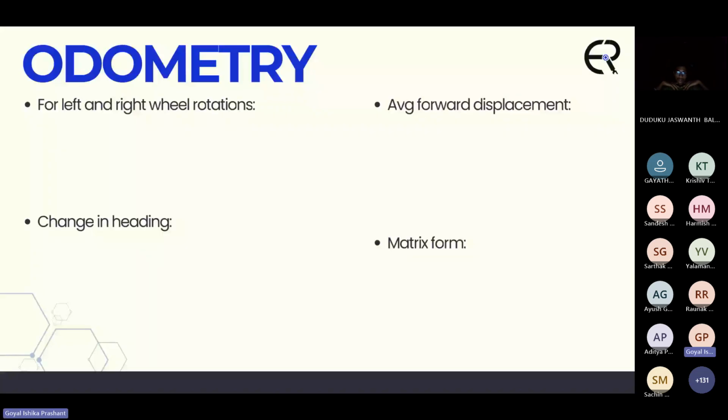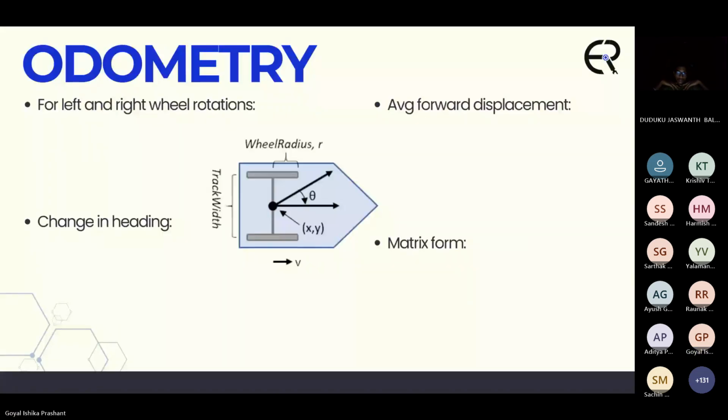So let's see how odometry works. What we do here is we treat the left and the right wheel separately because they can have different velocities, right? Now the displacement of each wheel would simply be the radius of the wheel multiplied by the angle that it has rotated by.